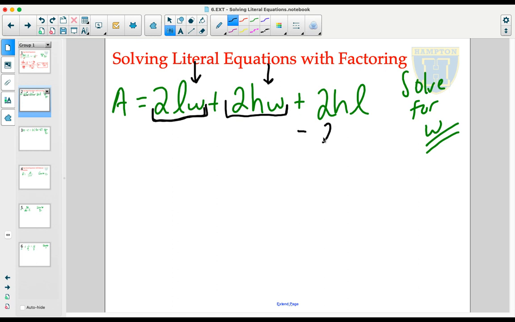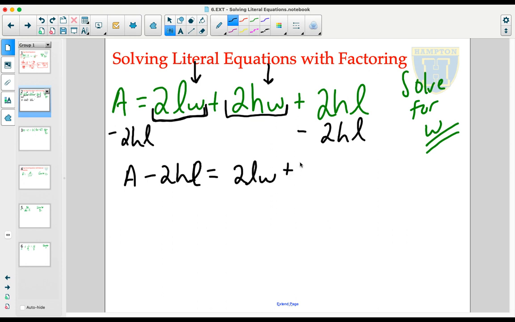So our first step is going to be to move the 2HL over to the other side of the equation with the A. And we have 2LW and 2HW.